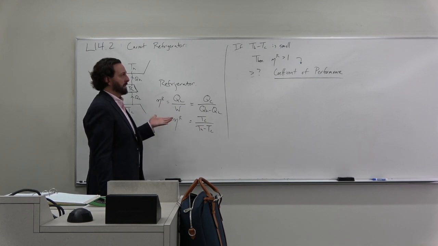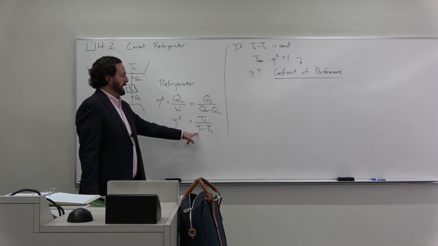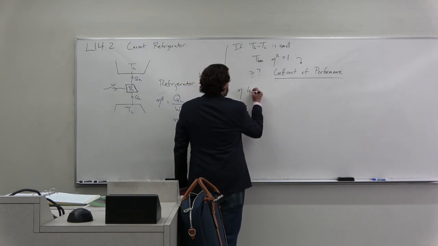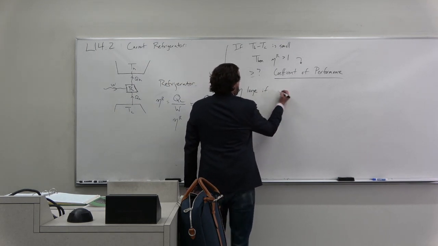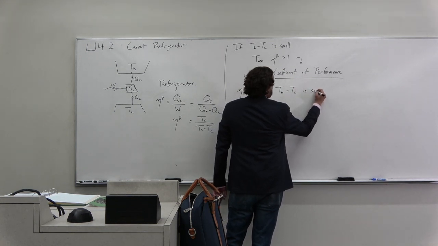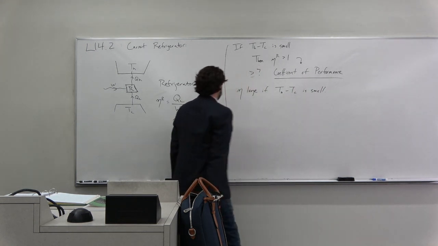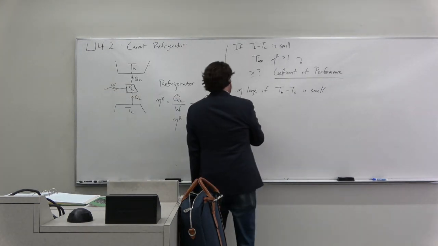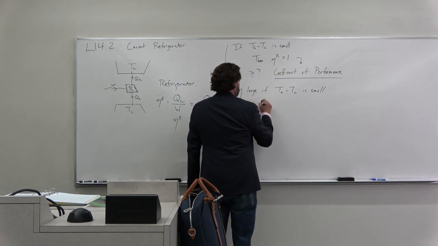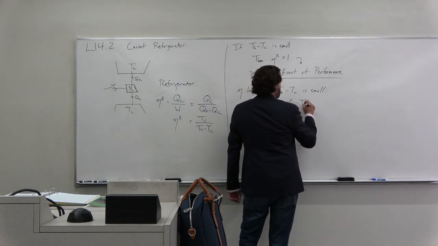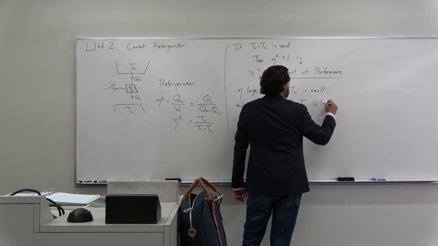So we want eta to be large. So eta is large if TH minus TC is small. And eta is large if TC is large, right?